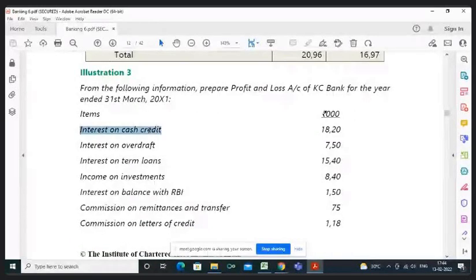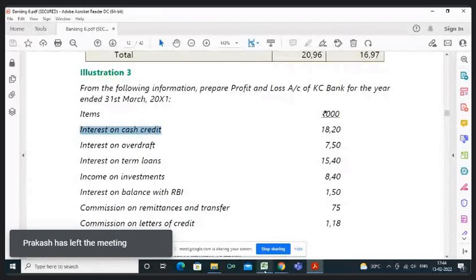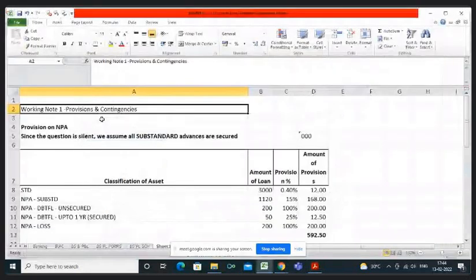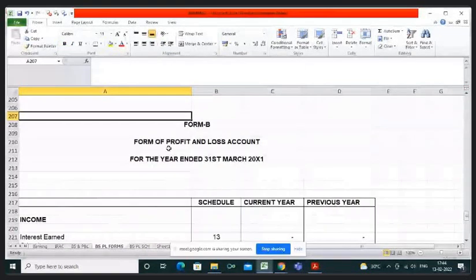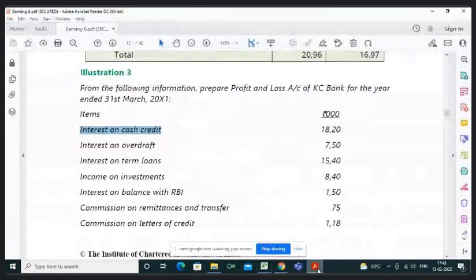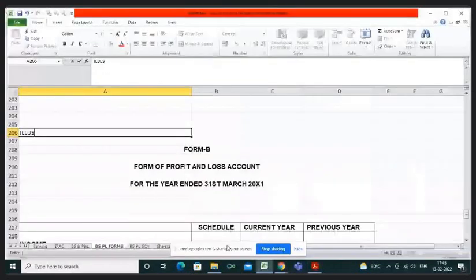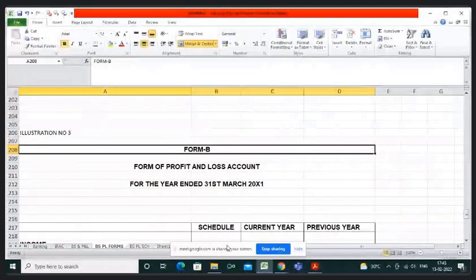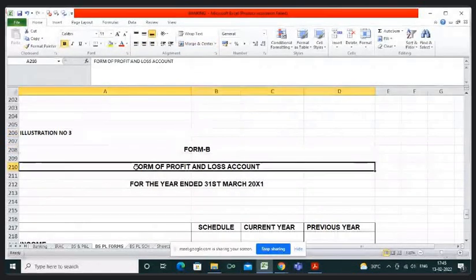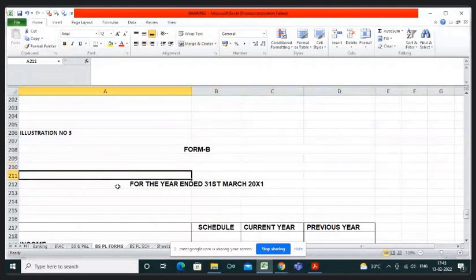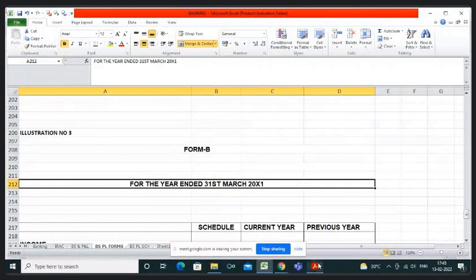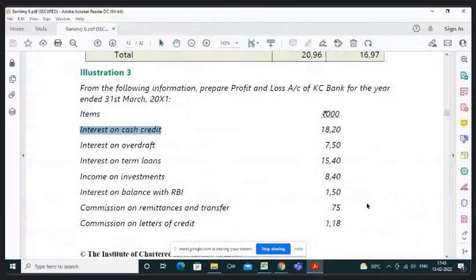So now we'll start with one item by one and we will take it to the respective schedules to the profit and loss account. So I am preparing the format of the profit and loss account. I will write illustration number 3. It's a profit and loss account of KC Bank for 31/3/2011.